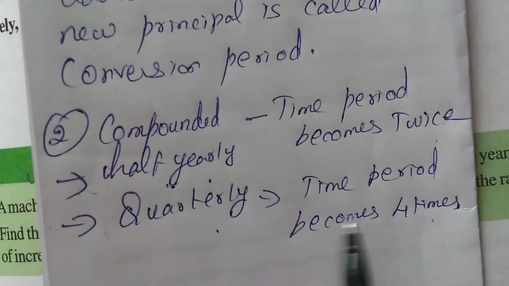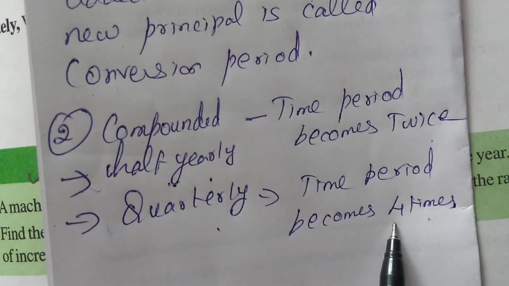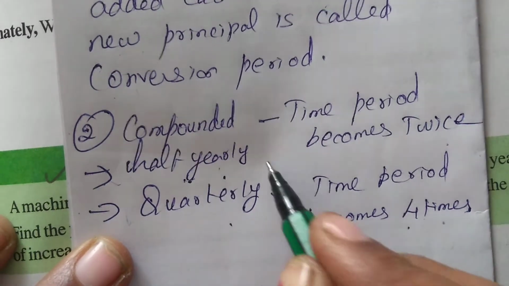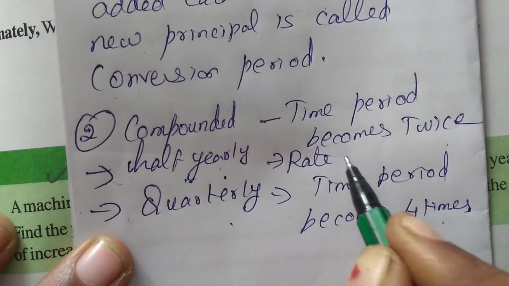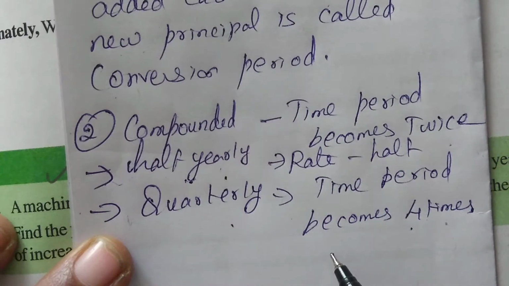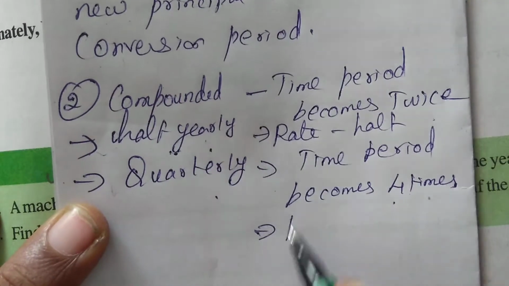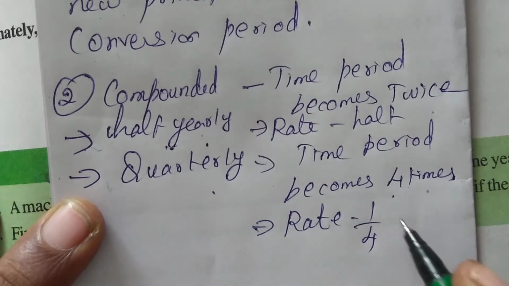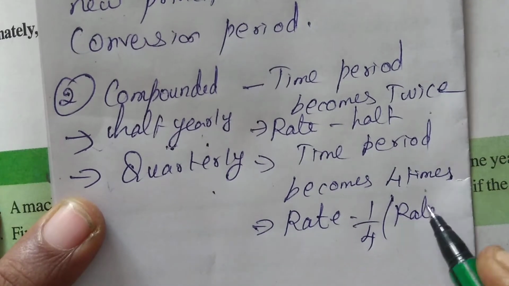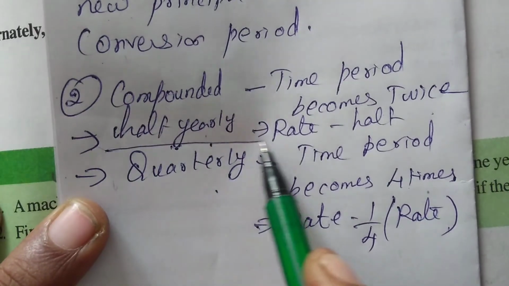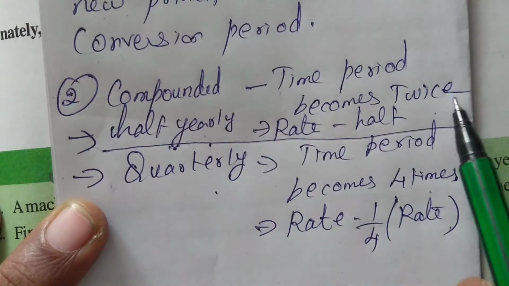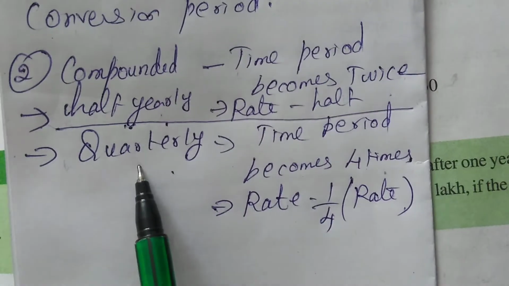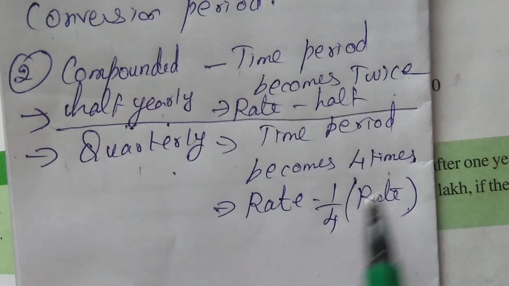Similarly, if we say half yearly, the rate also becomes half the rate, and here the rate becomes 1/4 of the rate of interest they give. So for half yearly, time period becomes twice, rate becomes half. For quarterly, time period becomes 4 times, rate becomes 1/4.